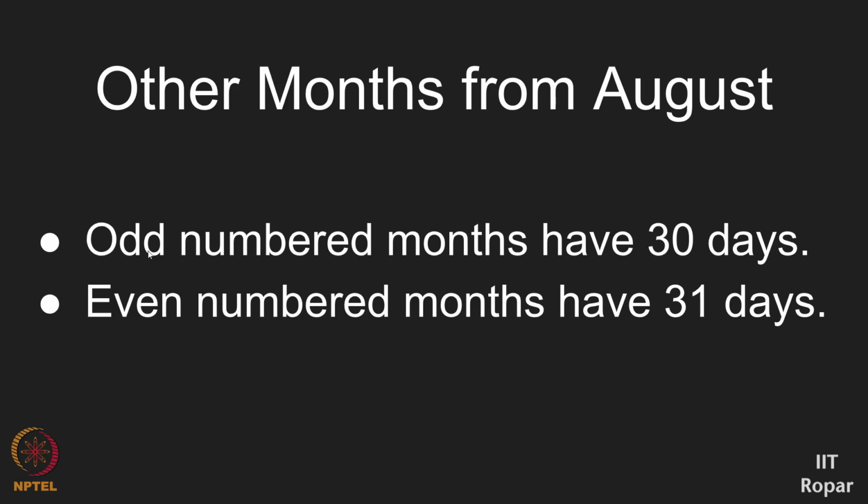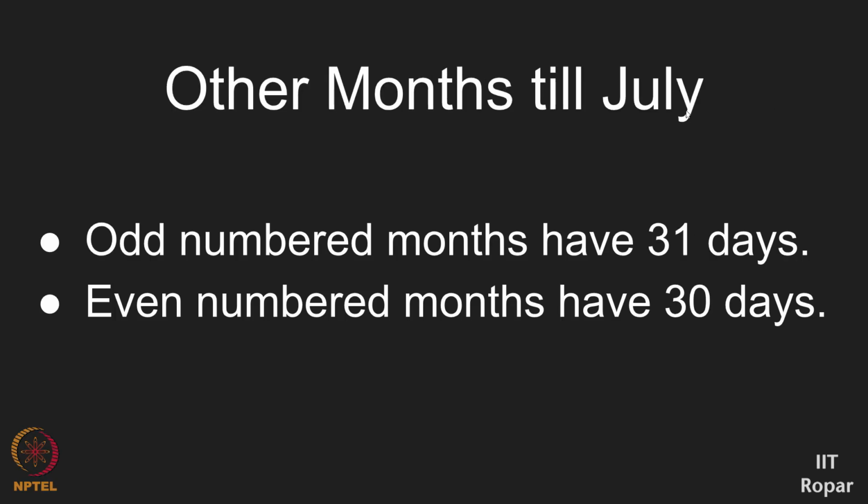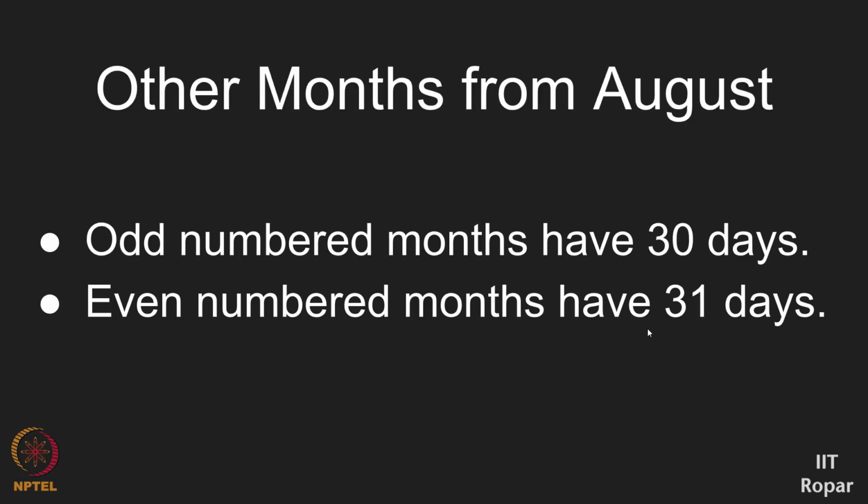So there is a change from August. Till July, odd numbered months had 31 days and even numbered months had 30 days. From August, there is a reversal: odd numbered months have 30 days and even numbered months have 31 days.